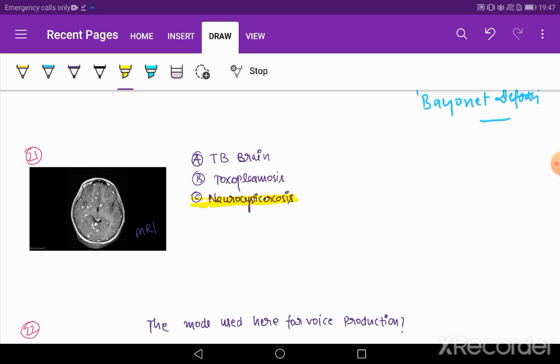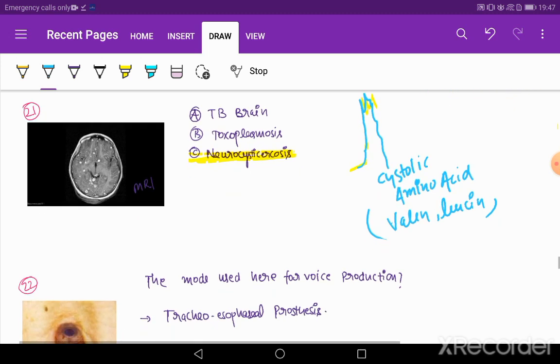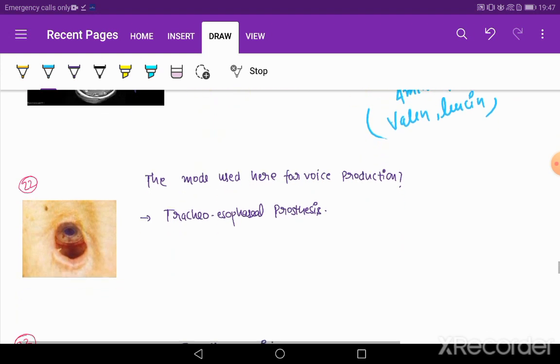In neurocysticercosis spectroscopy, there is a peak of cytosolic amino acids, that is valine, leucine. Neurocysticercosis is a very hot topic for examination. It is coming regularly in the exams.